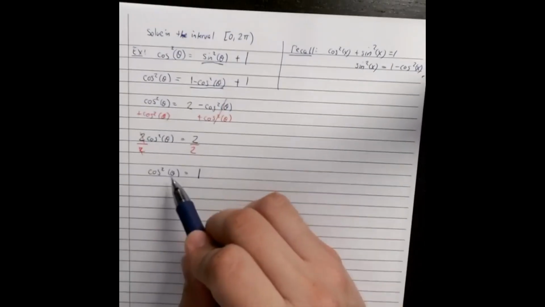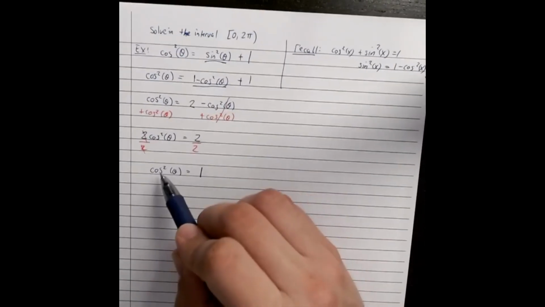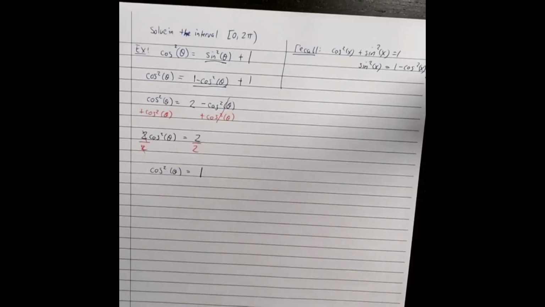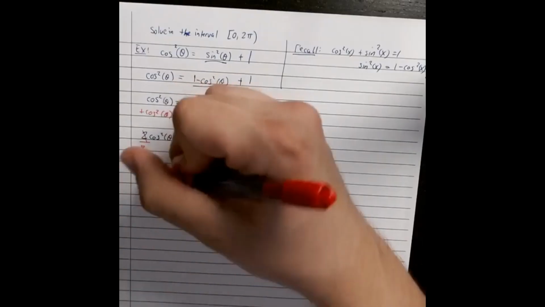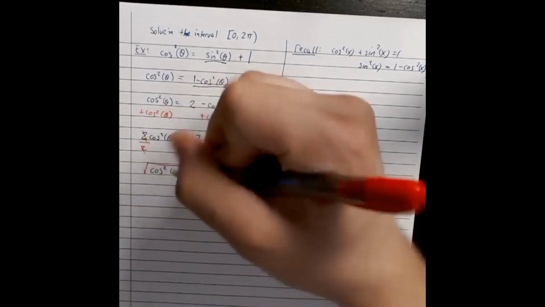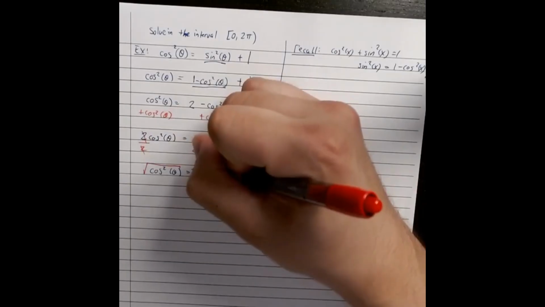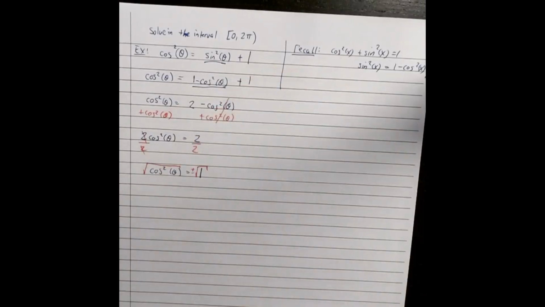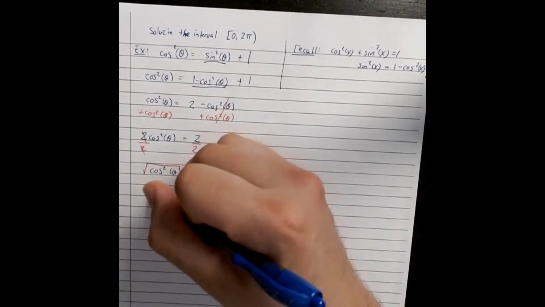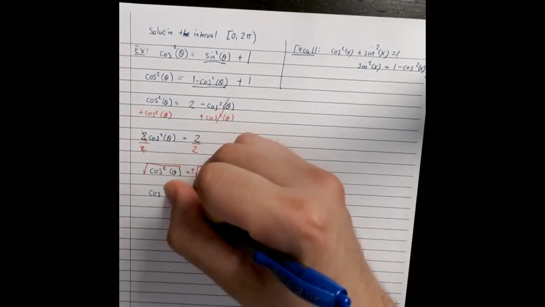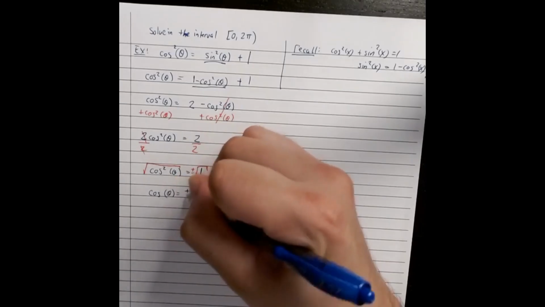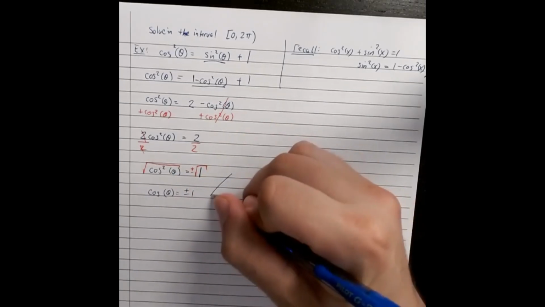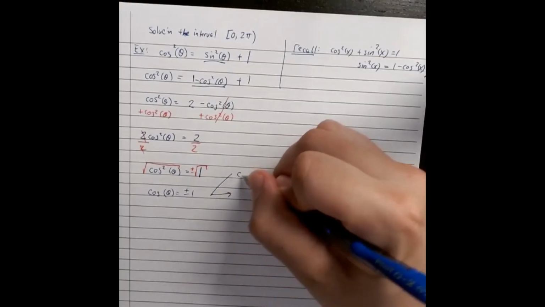I'm going to take the cosine squared of theta is equal to 1. I don't want cosine squared of theta. I just want cosine of theta. So let me get rid of that square by taking the square root. Now remember, when you take a square root, there are two different square roots. There's a positive root and a negative root. So here we're going to get two different results. The cosine of theta is equal to plus or minus 1, which gives me two different kinds of answers.